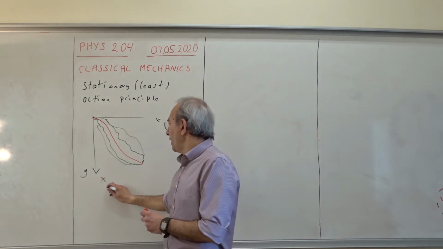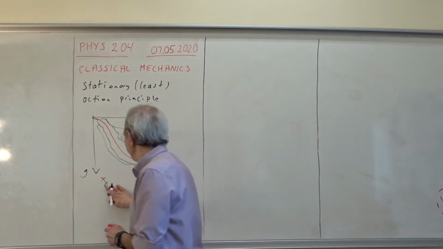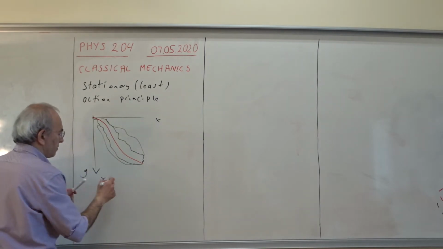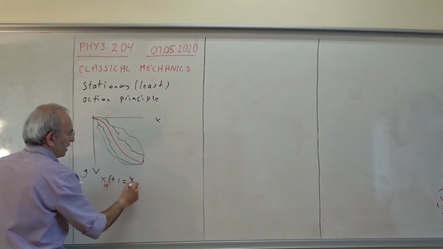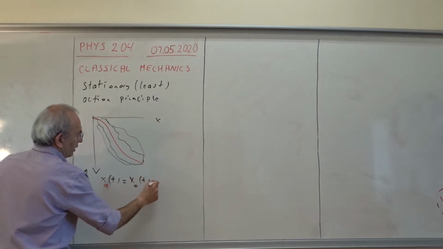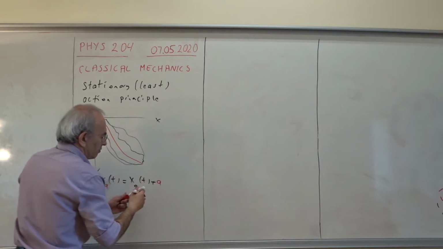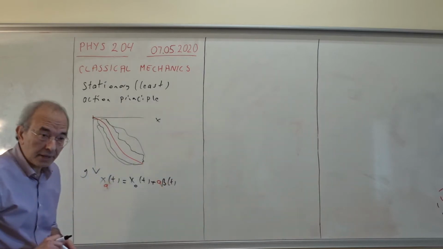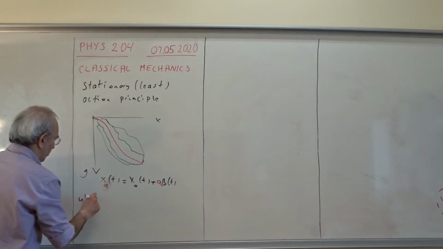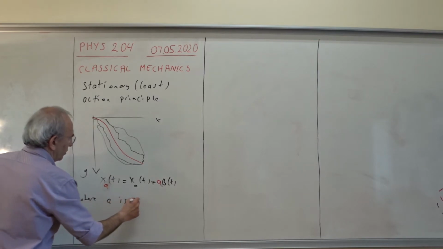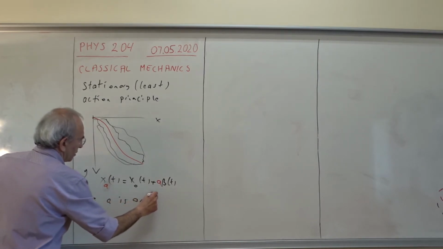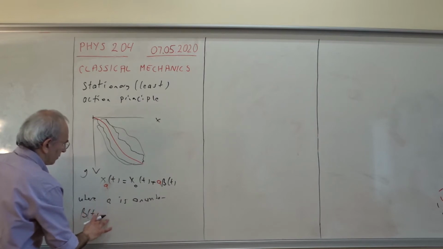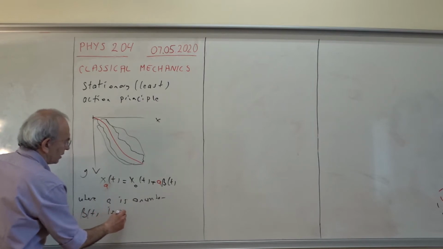Let's say x_a of t is x_0 of t plus a times beta of t, where a is a number parameter, and beta of t is an arbitrary function.